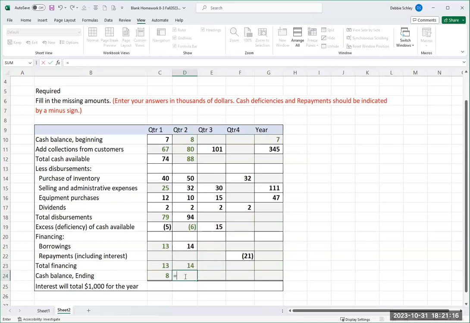And then my ending cash balance is excess of deficiency of cash plus the borrowing, or in other words, subtracting, because that's a negative. So my ending cash balance for Q2 is $8,000. And again, ending cash balance becomes beginning cash balance of the next month. So equals 8 right there. All right, and I know this plus this equals total cash available. So I can add those two together.